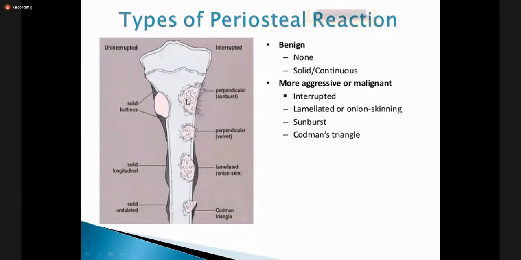These periosteal reactions occur when there is cortical destruction. Otherwise, periosteal reaction doesn't occur. A malignant lesion obviously causes cortical destruction, and a benign one doesn't.